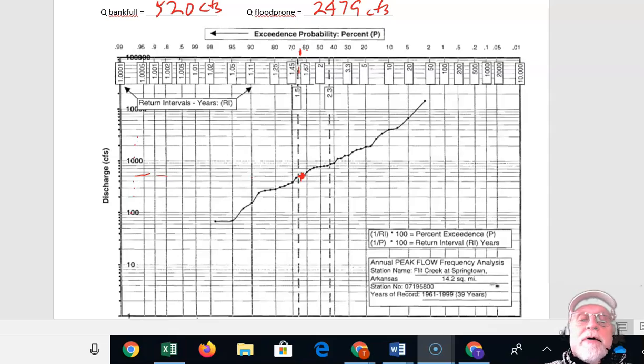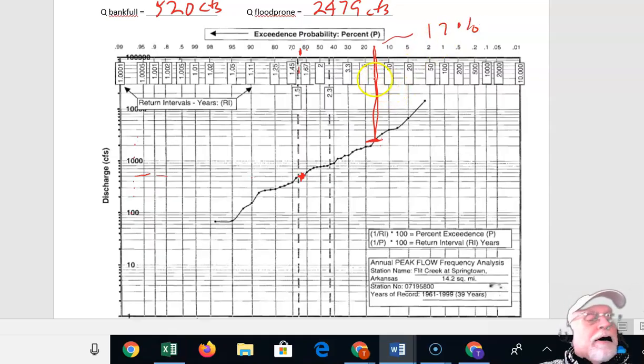So 2479 is going to be, on this log scale, 1,000, 2,000, 3,000, kind of maybe in there. I go up here, and the exceedance probability is what, 17%? And then the return period is going to be between 5 and 10, about 7 years maybe.